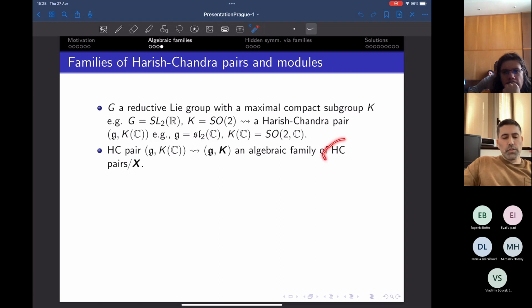So an algebraic family of Harish-Chandra pairs over a complex algebraic variety X will consist of two such families of Lie algebras and complex algebraic groups that satisfy some natural compatibility conditions. For example, in the classical case, to get a sense of what type of compatibility conditions, the Lie algebra of this complex group is embedded into this Lie algebra G, and this complex group acts on this G, and the embedding that I mentioned is equivariant under the natural action of K on its Lie algebra and on G.